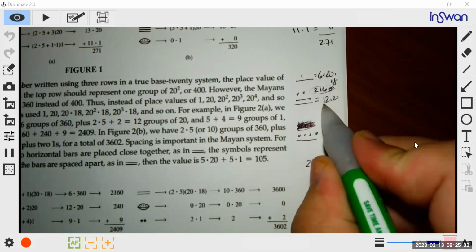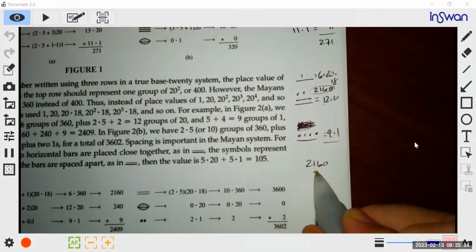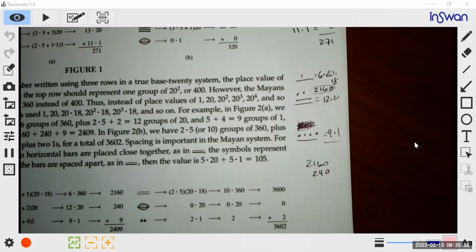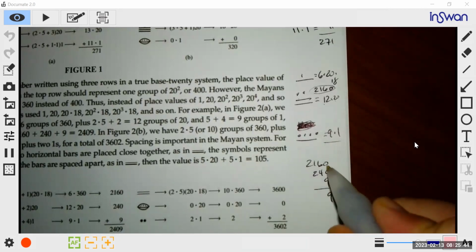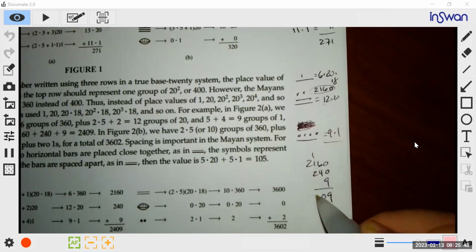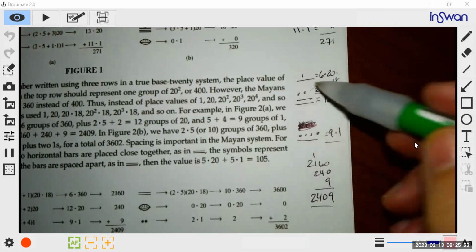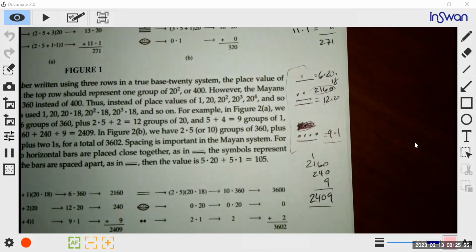The next number is 12 times 20, which is 240. And 9 times 1 is 9. 0 plus 9. 6 plus 4 is 10. 2409 is represented by this number here.